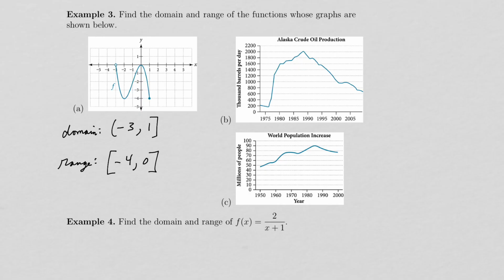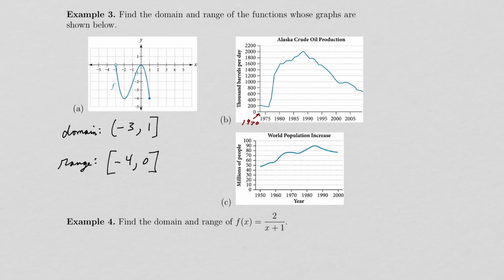Okay, what about this graph? There's a graph about crude oil production, 1,000 barrels per day is the output, and then the year is the input. It's hard to tell exactly on this graph, but probably this first value is like 1970.